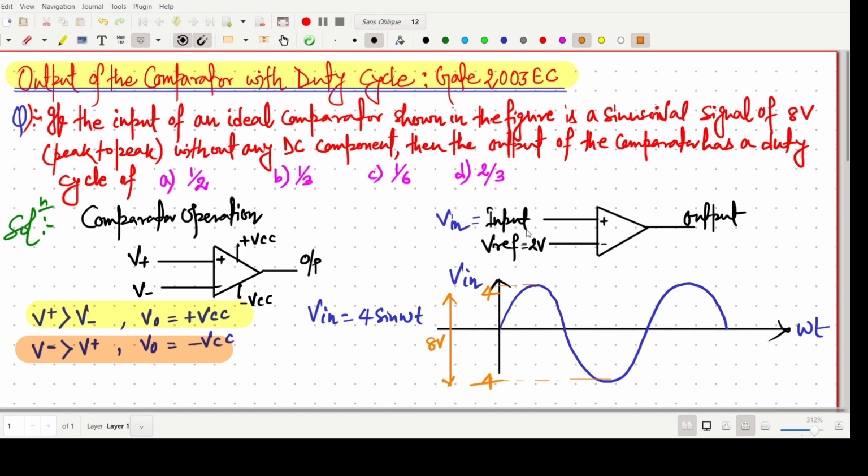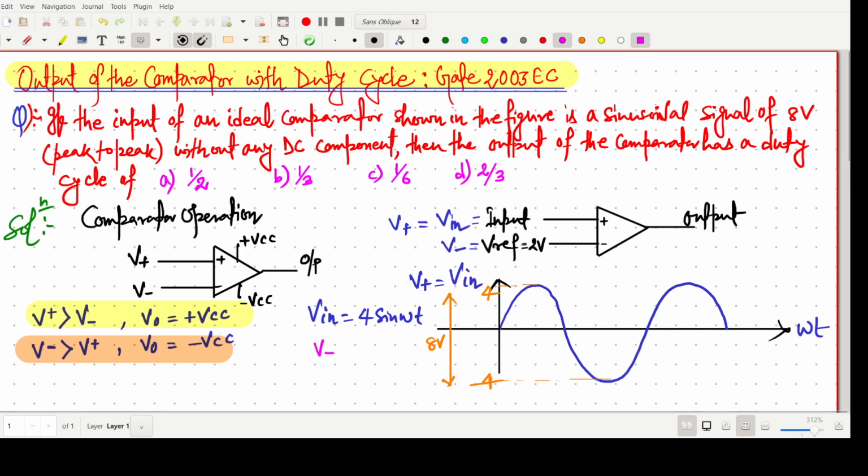This one is the input at the non-inverting side, or this is our V plus, and there is one more voltage, that is our V minus. We can write this as V minus.